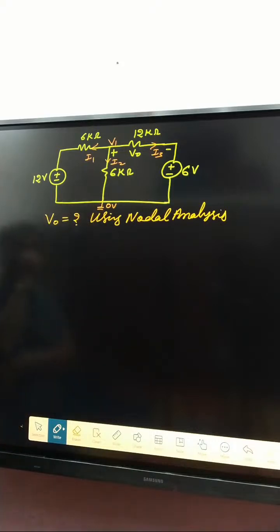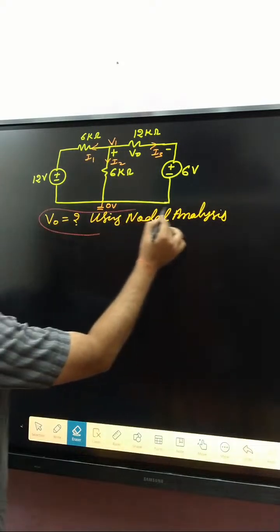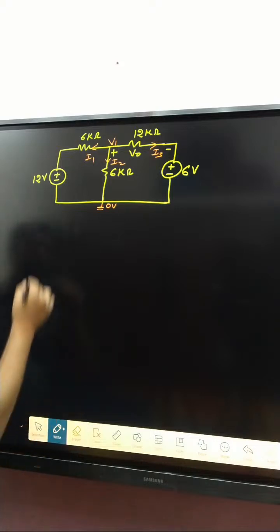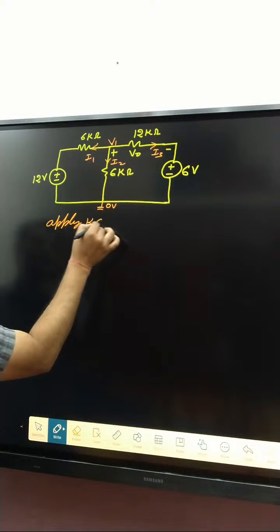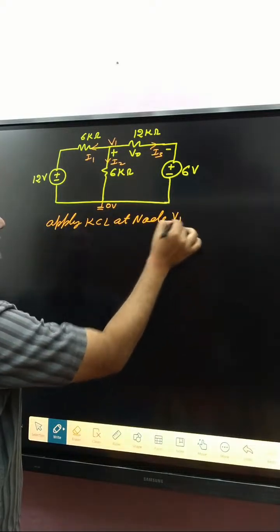After that, apply KCL at the given node. So apply KCL at node V1.